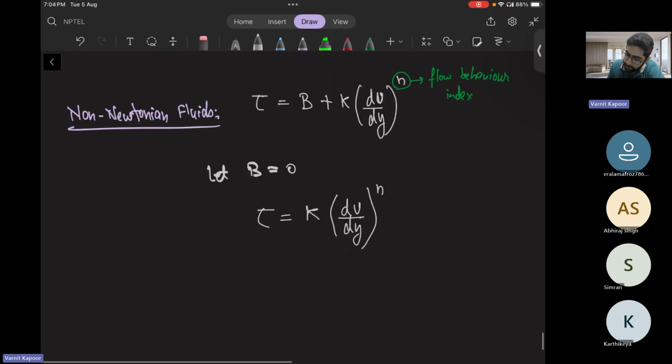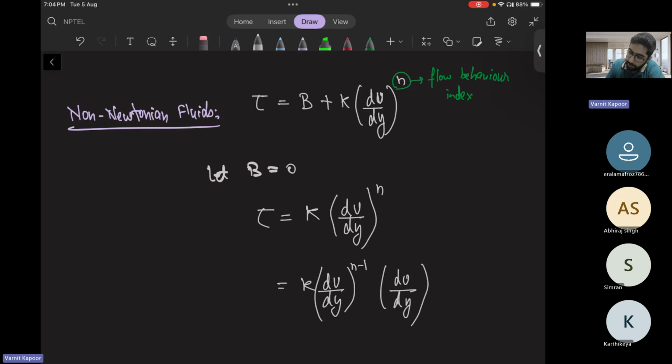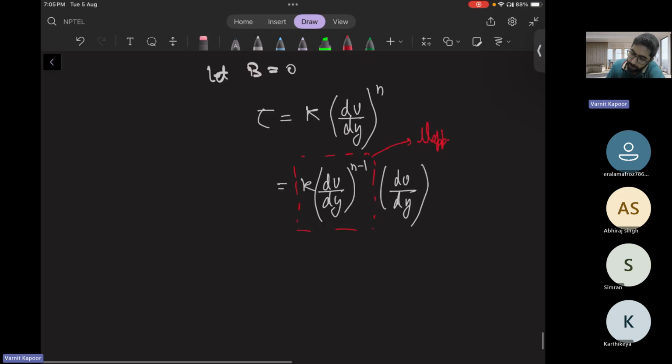We can bifurcate this as K times (du by dy) to the power of n minus 1, into du by dy. And this, my friend, is nothing but your mu apparent, so that we have a relation somewhat like Newton's law of viscosity.